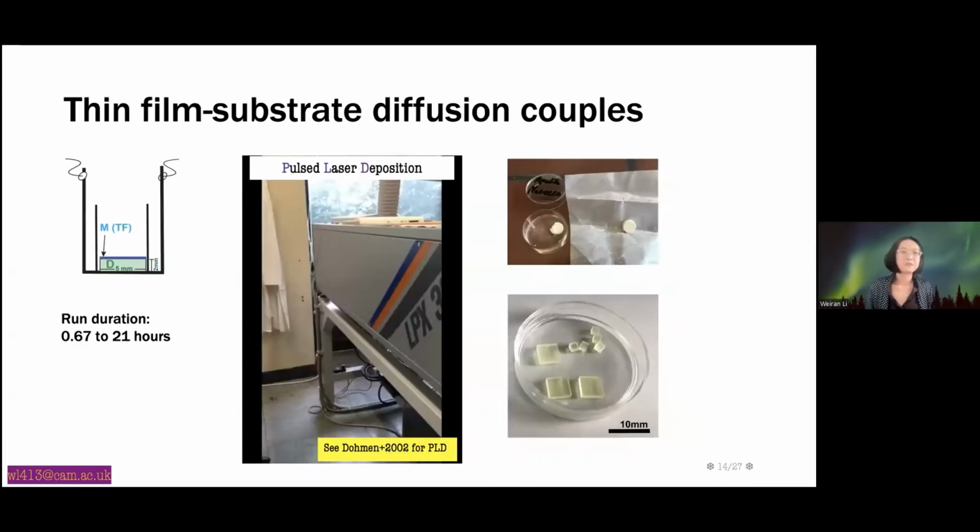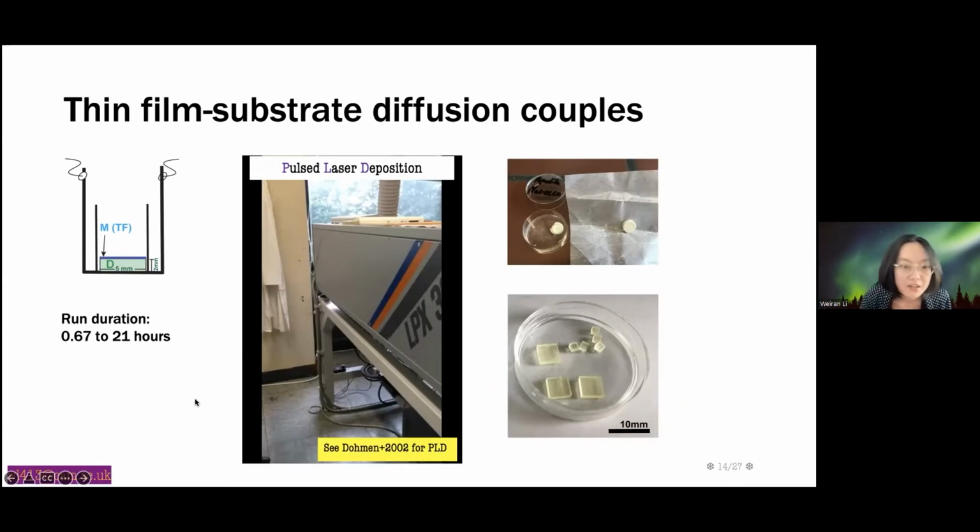The other type of diffusion couple is called thin film substrate, and this is a relatively new technique. Basically, we deposit powders made from Morocco apatite as a thin layer of material above the polished surface of the Durango apatite. These two were used for the thin film deposition. And here's the technique that we use, called pulsed laser deposition.